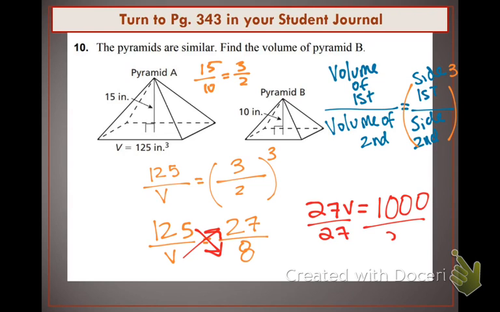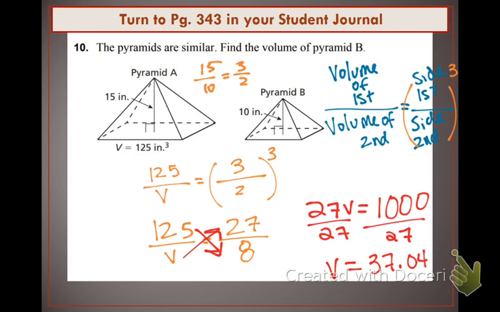Divide by 27. What do we get? 1,000 divided by 27 is 37.04.